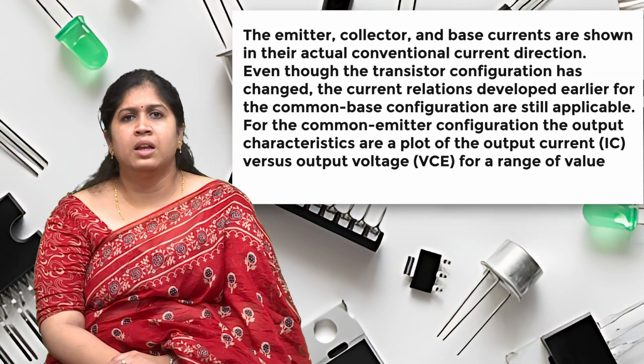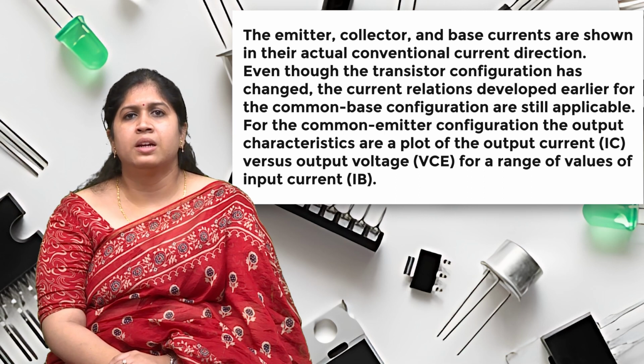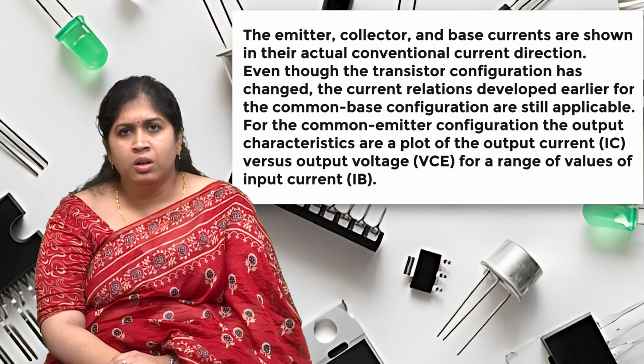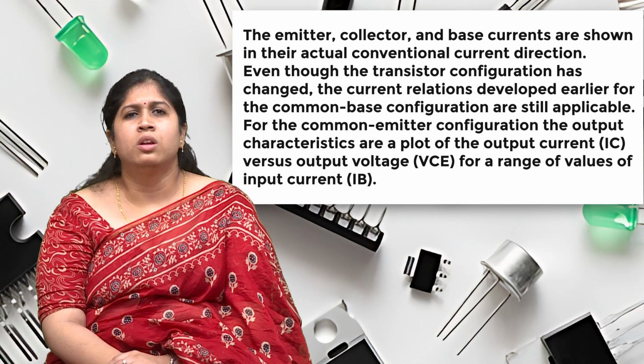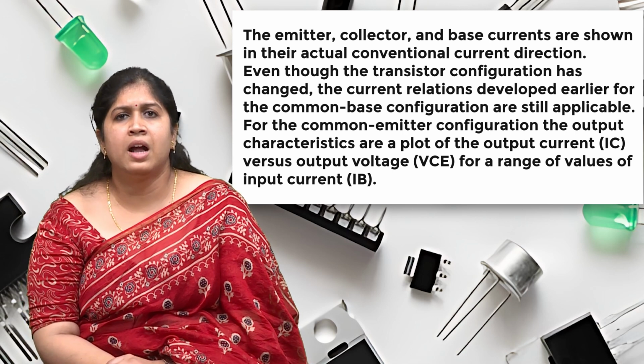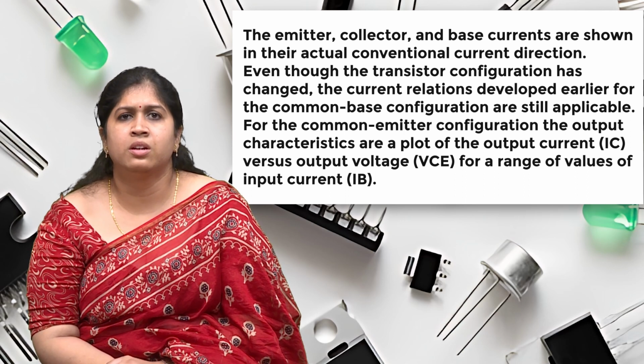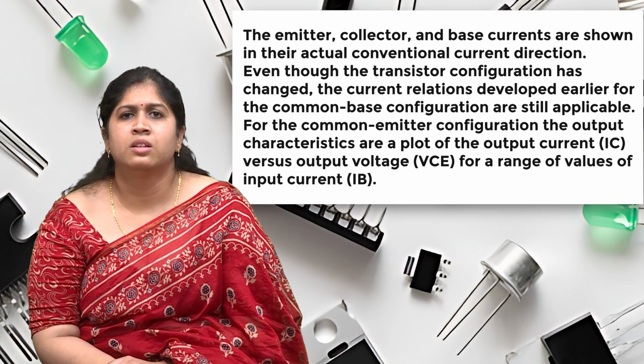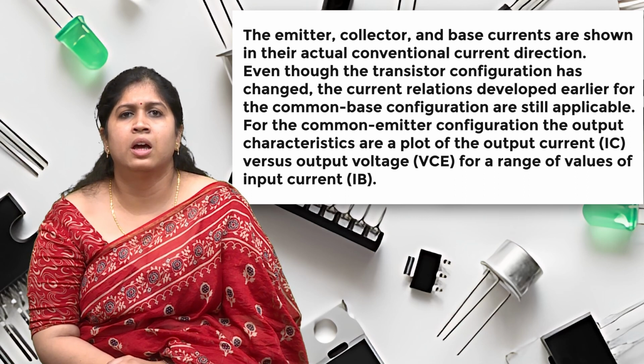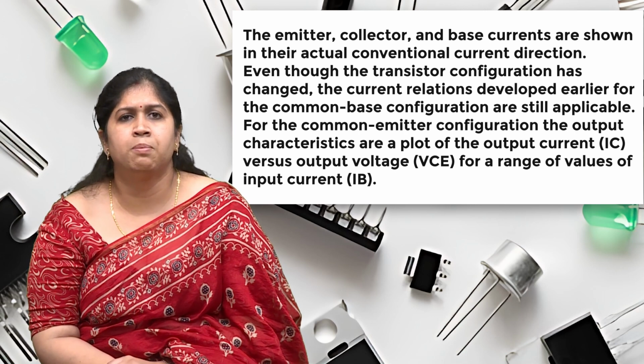The emitter, collector and base currents are shown in their actual conventional current direction. Even though the transistor configuration has changed, the current relations developed earlier for the common base configuration are still applicable.